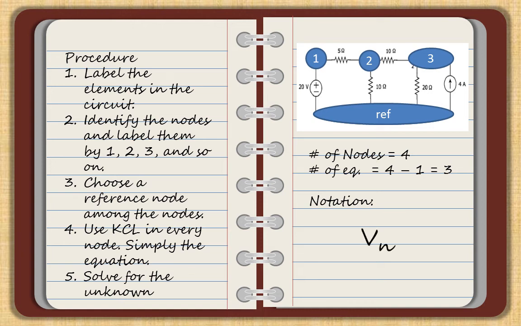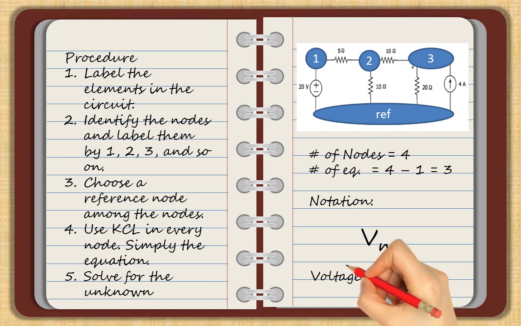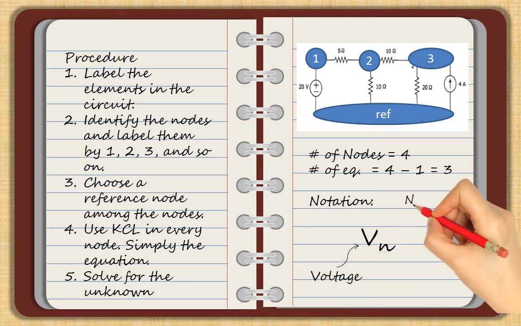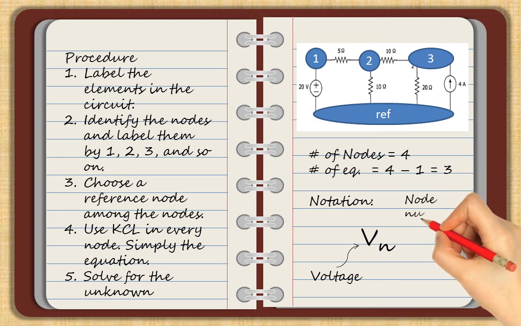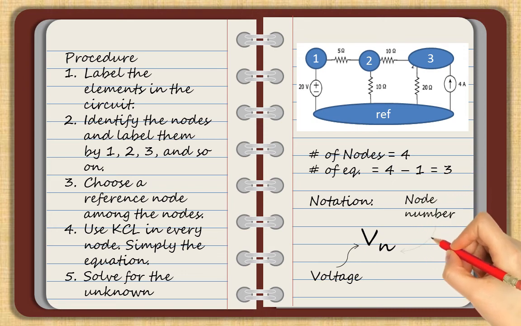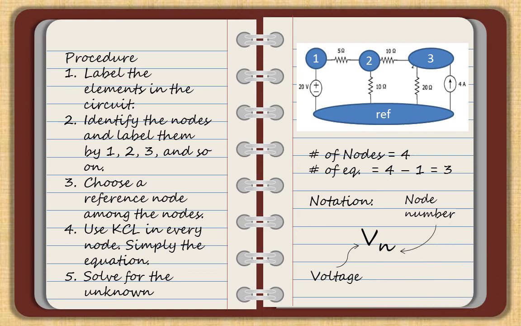The notation is a V with the subscript N, or Vn, wherein V stands for the voltage and N stands for the node number, such as node 1 will be V1, node 2 will be V2, node 3 will be V3, and the reference will be V reference.